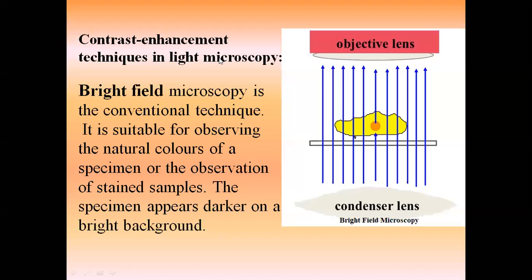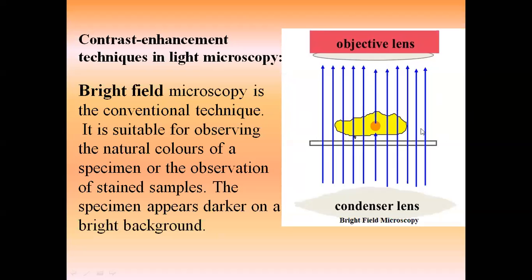Okay. So what it is saying is, suppose we have a sample that you want to see under the microscope. As you can see in this figure, suppose this is the objective lens of your microscope, this is the sample which you are going to see, and this is the stage.